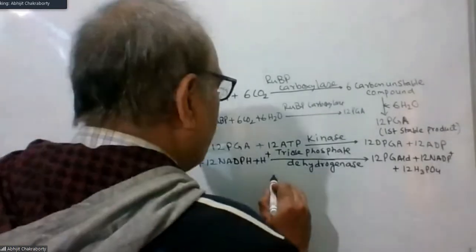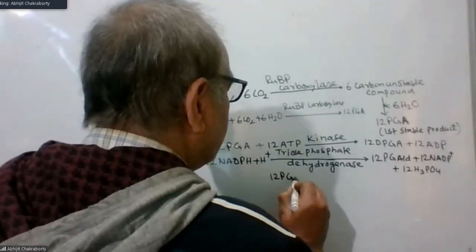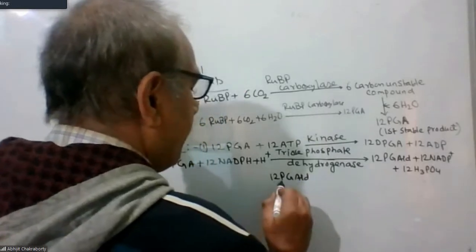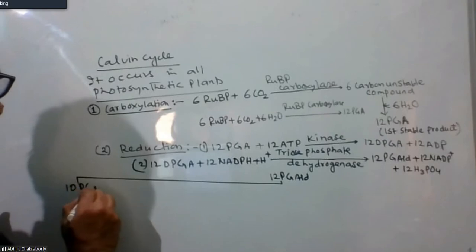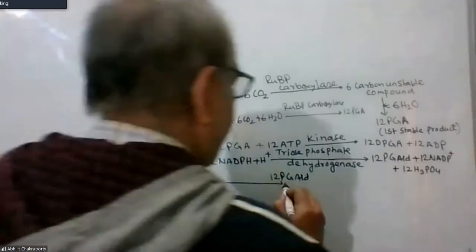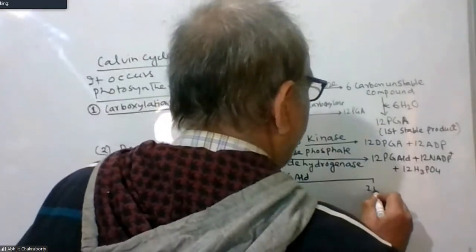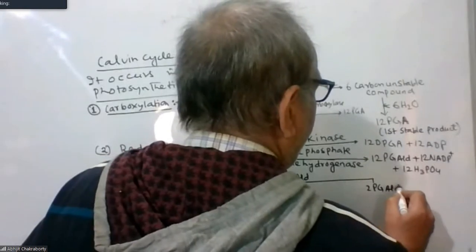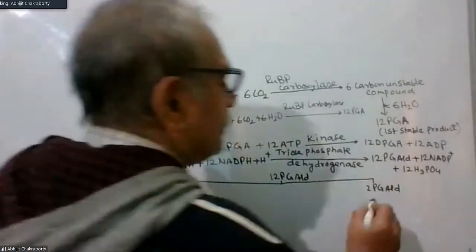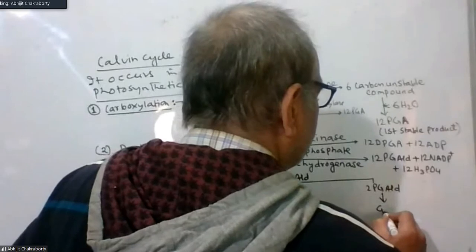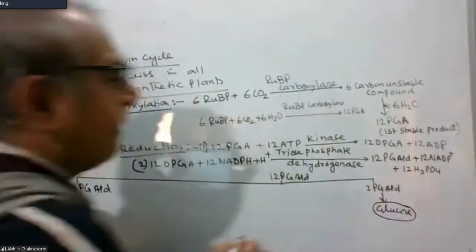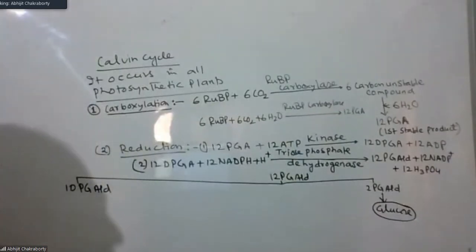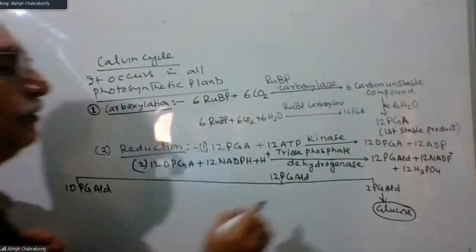Now here, out of the 12 PGALD formed, two PGALD give rise to glucose. How? I will show you.